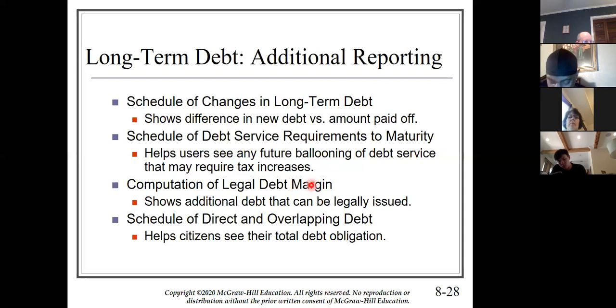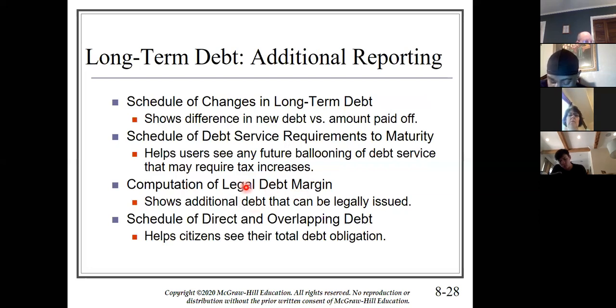Computation of legal debt margin. Debt margin is the percentage of debt that they're allowed to have compared to their assets. So this margin shows whether or not they can legally borrow more money, or if they're at the limit.